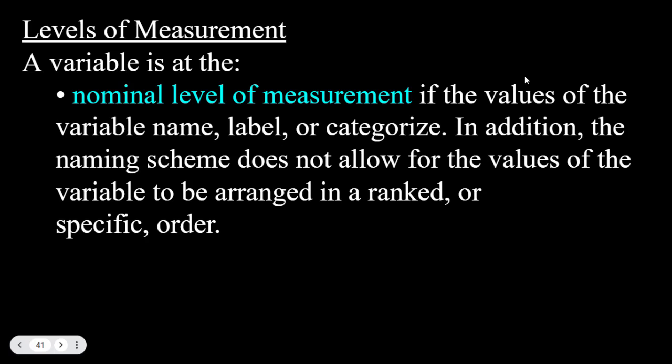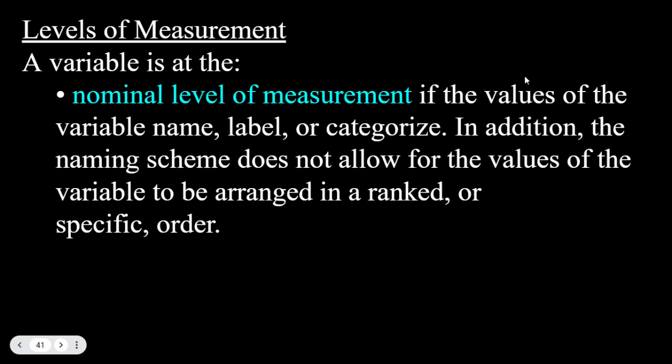So things like colors, styles of vehicle, even last names, nationalities, states that you live in. These would all be nominal levels of measurement.